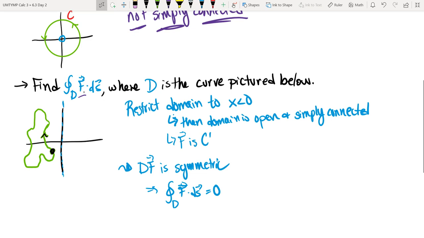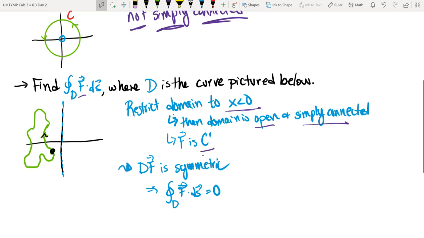But finally in D here, we were able to get rid of that by restricting the domain to something where we don't even need to consider the origin. That was where this part came into play. And then once I had a better domain, and that also addressed the concerns in the vector field, I started to run through my conditions. Is it open? Yes. Is it simply connected? Yes. Is the vector field C1? Yes.